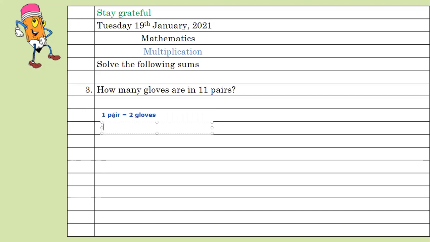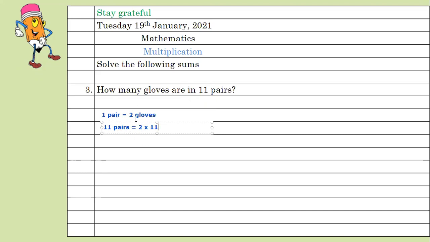So they told us how much 1 pair has, and they're asking us to find out how much 11 pairs have. So our second line will be 11 pairs equal, and our sum will be 2. That's how much is in 1 pair, times 11. That's how much we're trying to find out.